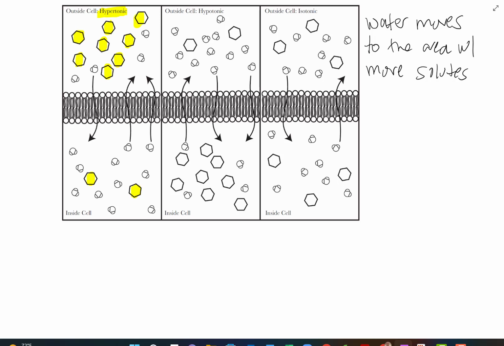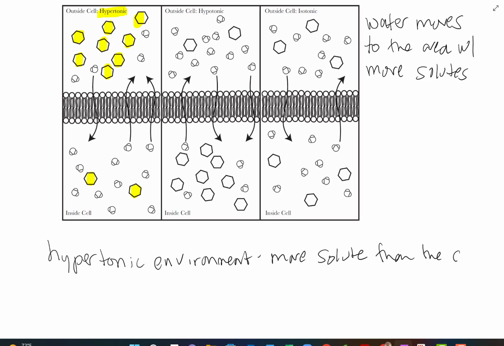Water, okay, these little guys down here, that's water. Water's going to move towards the area that has more solute. So we call this type of environment a hypertonic environment. So it's going to have more solute than the cell does.